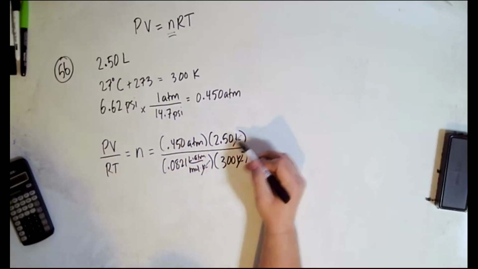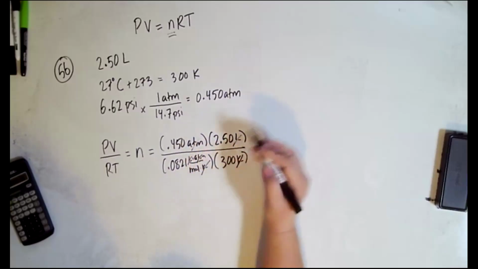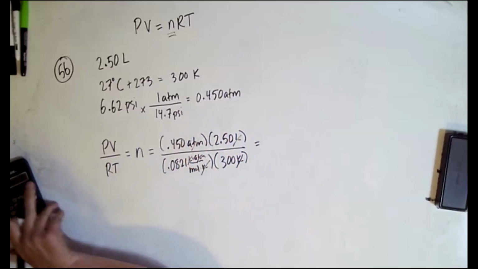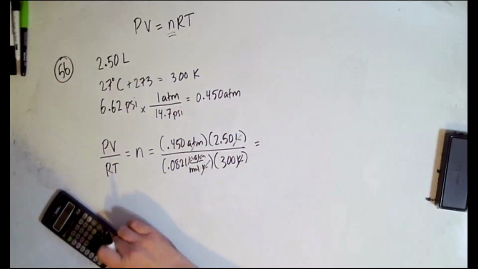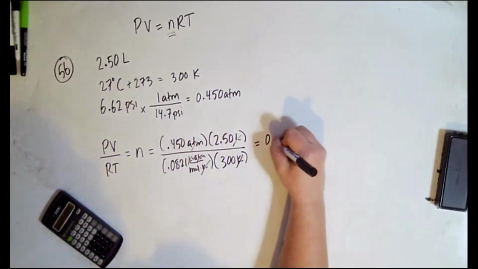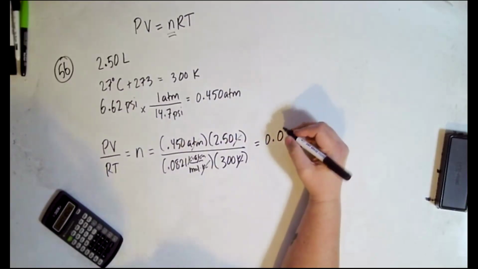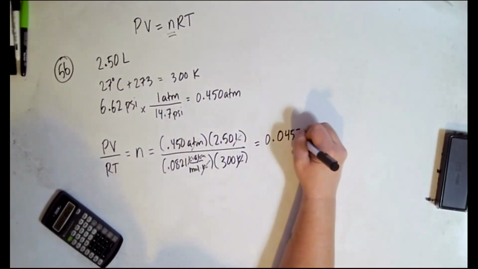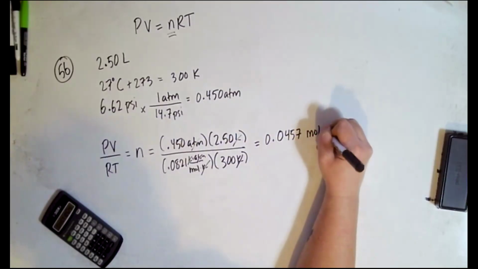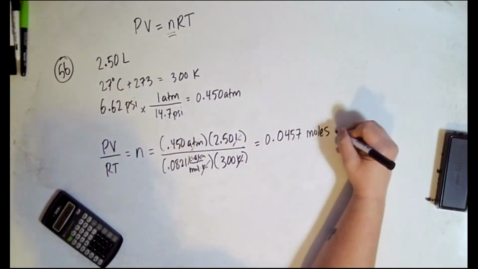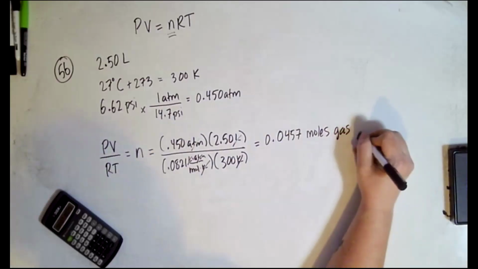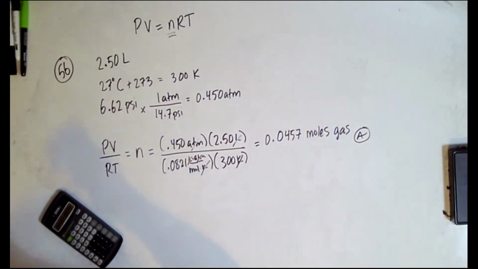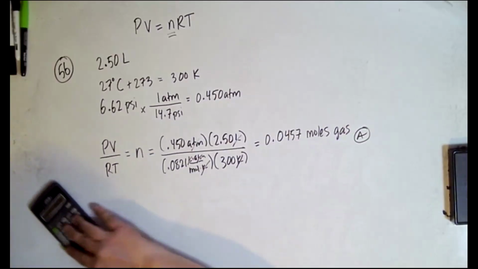Cancel out all of our units. The only unit that we have left is going to be our mole unit. And we end up with 0.0457 moles of gas, which is answer choice A. Okay.